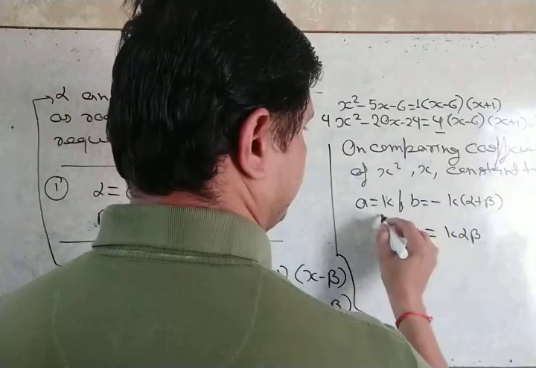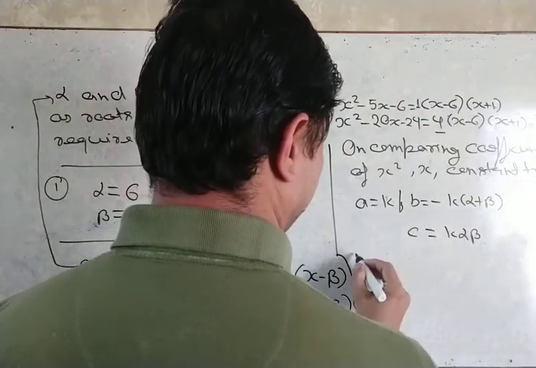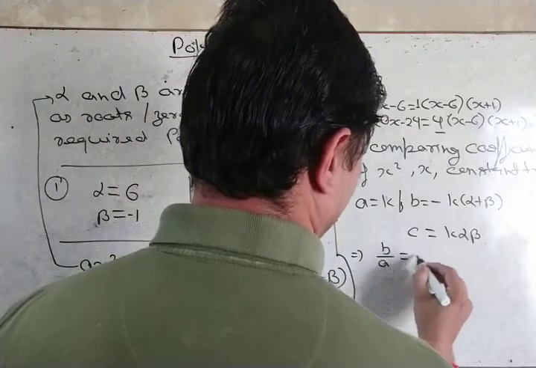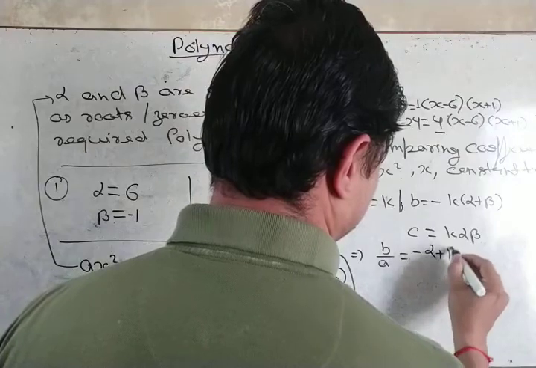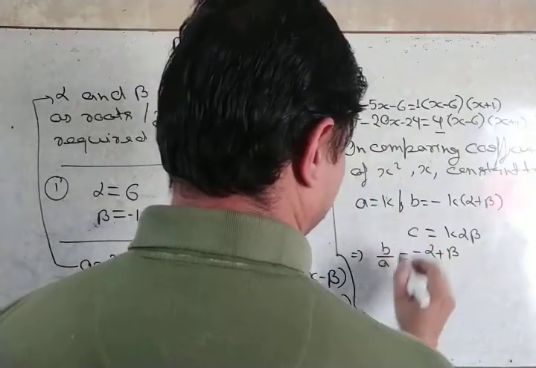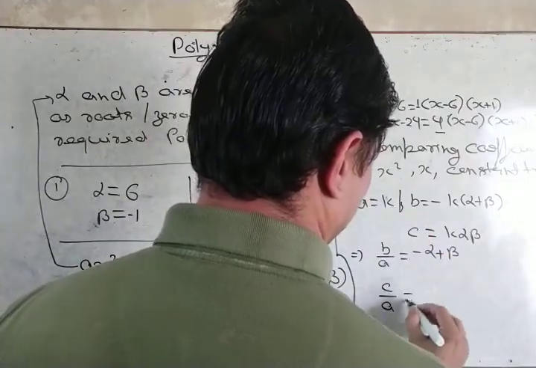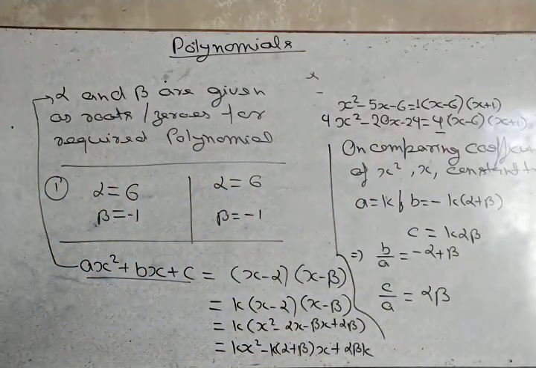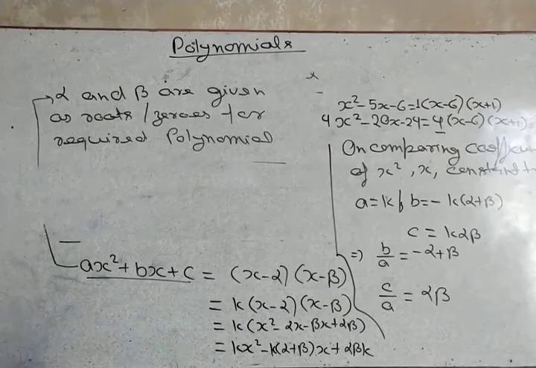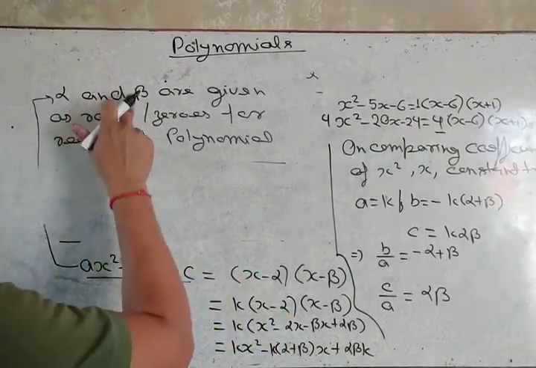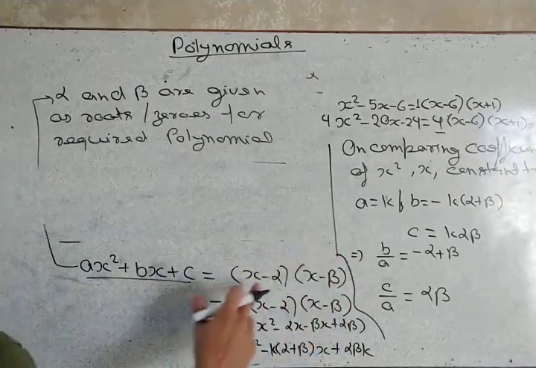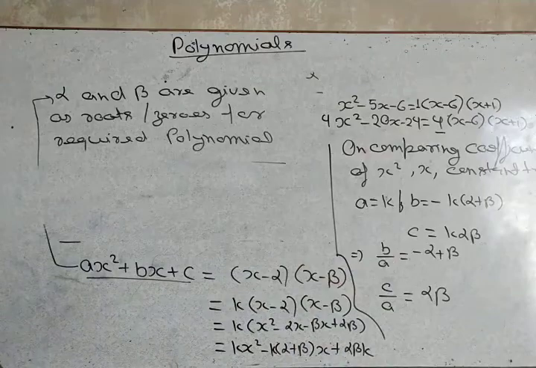Now if we divide these, we will get B by A equal to minus alpha plus beta, and C by A is equal to alpha beta. Pause the video, note it down. So you can see when alpha and beta are the roots of this polynomial, we are able to derive the relation between the roots and the coefficients.